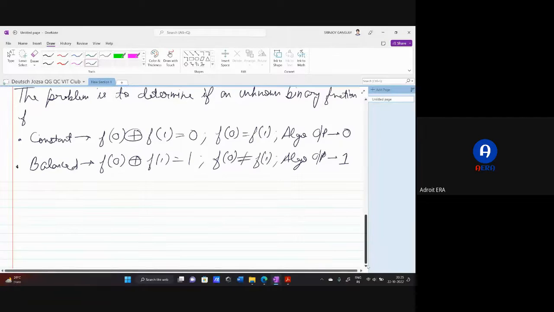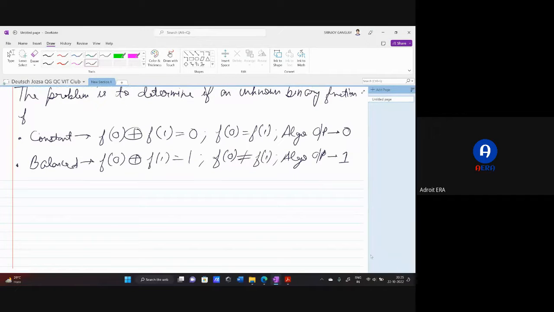Okay, with these things covered, now we are going to see, in very short, the comparison between the quantum binary function search and the classical binary function search.